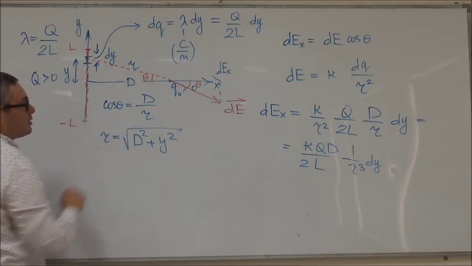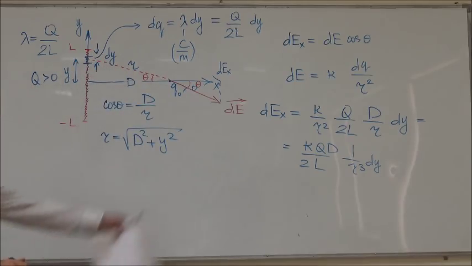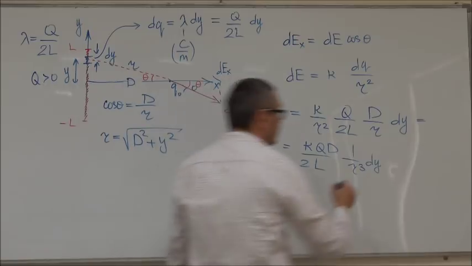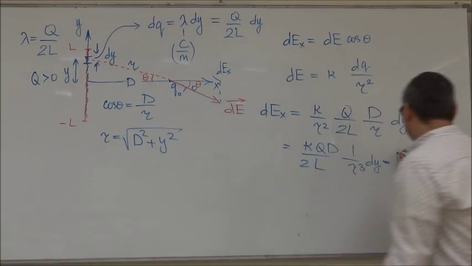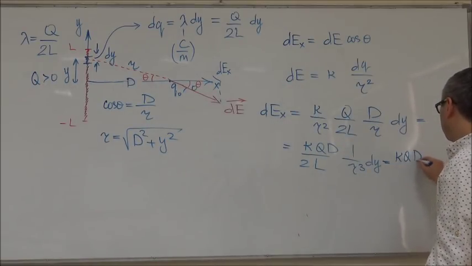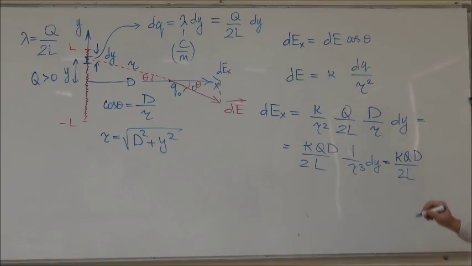So r is equal to the square root of d squared plus y squared. And then you can substitute it inside. So you get kQd over 2L, dy over d squared plus y squared to the power 3 over 2.